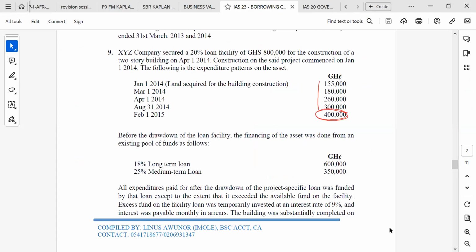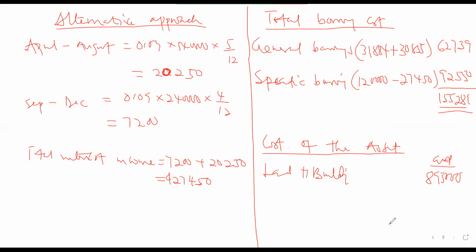So this will be up to 2014. This is the total amount spent so far on the construction. So that will be 895,000. Then you now add your borrowing cost for this year, which is 155,289.